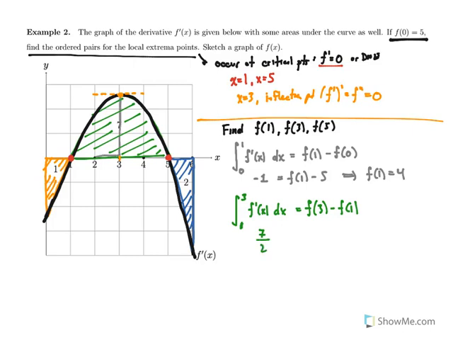It's like we're taking half of that area. That's going to be half of that 7. So 7 halves is going to be f of 3 minus f of 1, which you just found was 4. That means that f of 3 is going to be about 15 halves. And finally, let's find f of 5.